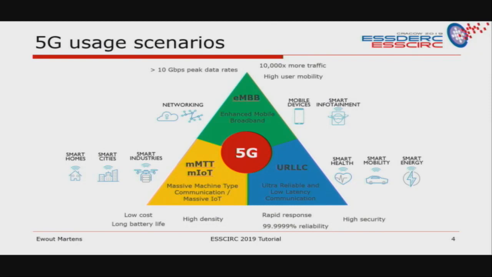Then there is a second use case more related to the IoT, so massive machine type communication or massive IoT, where we want to connect several devices in smart cities or in smart industries, and then the focus is more on low cost, long battery life and very high density, lots of devices in the system.